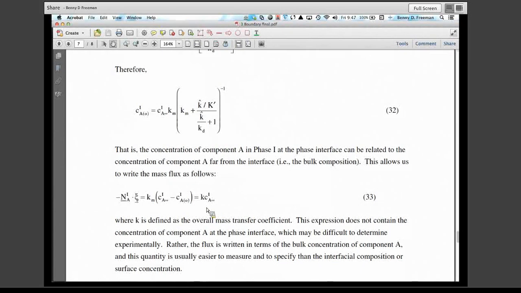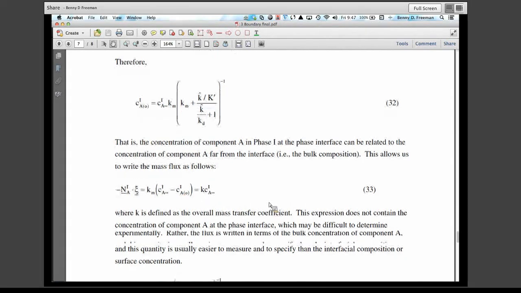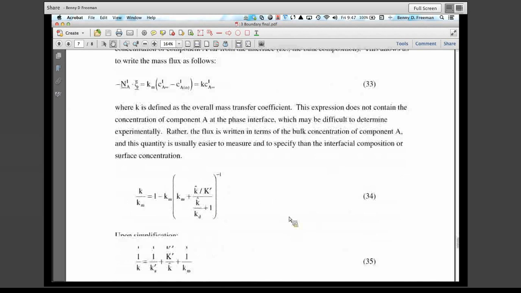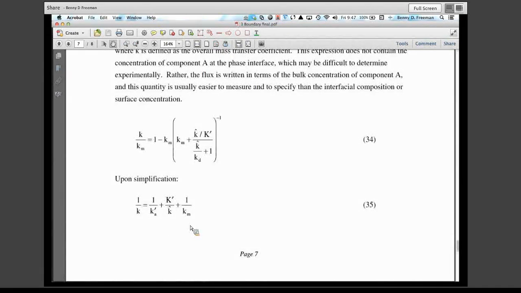And so if we insert this definition of Ca0 into this definition for the overall mass transfer coefficient, we can simplify that expression to the following form. Equation 35 is significant in that it starts to give you, in a mathematical sense, something that you may have seen much earlier in your chemical engineering career, and that is that you have 1 over this overall mass transfer coefficient depending upon essentially 3 resistances to mass transfer.